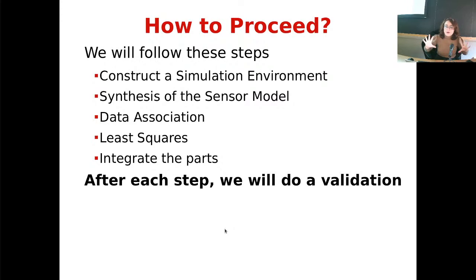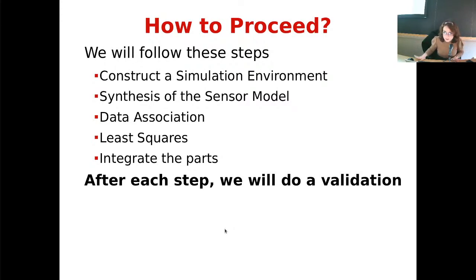Then after our simulation environment is built, we will move to the synthesis of the sensor model, which in this case is a Pinhole camera. Then, once we have checked that the sensor model is working by testing it on our simulation environment, we will move to the data association.